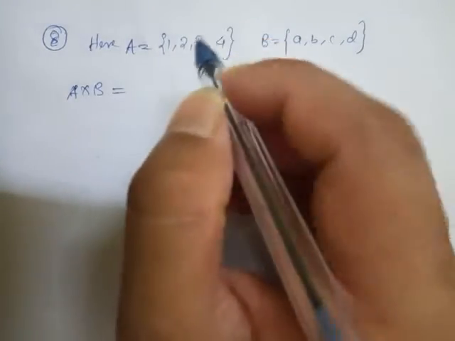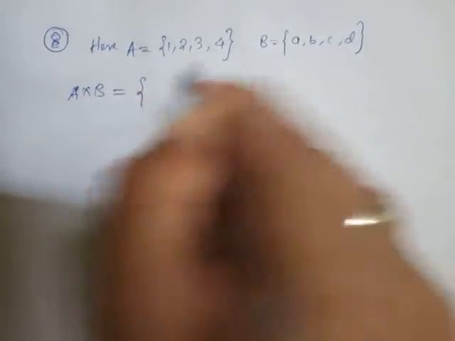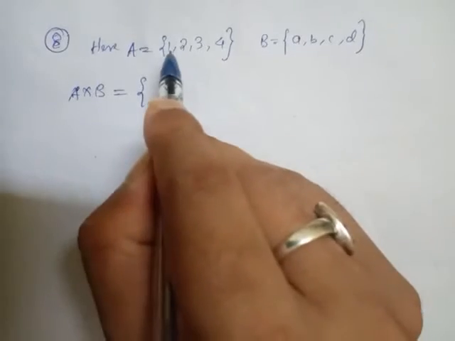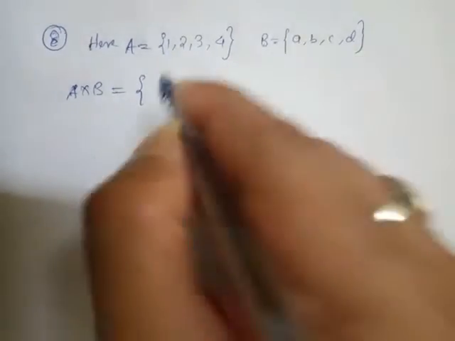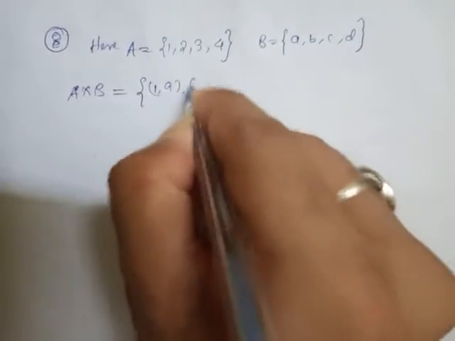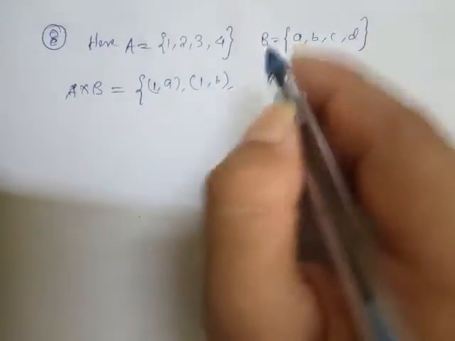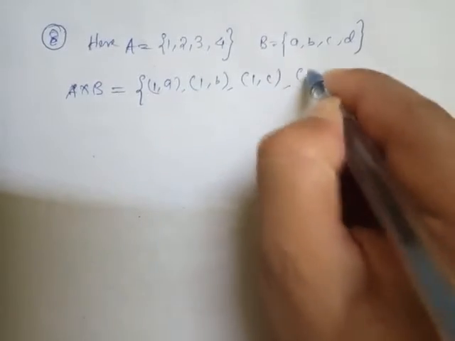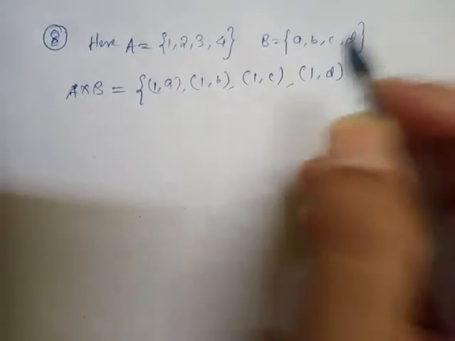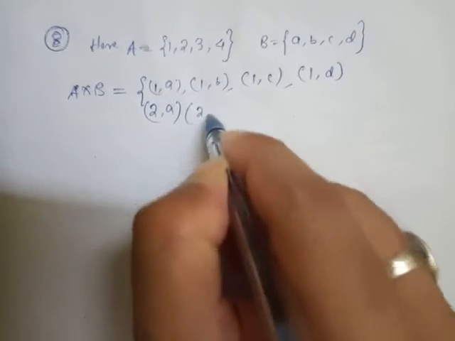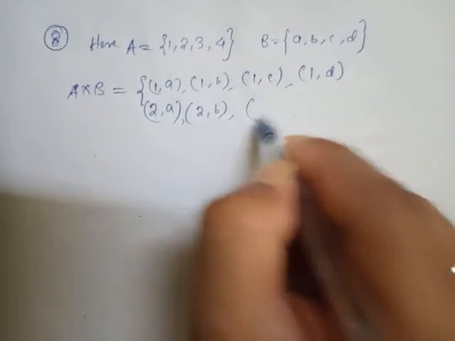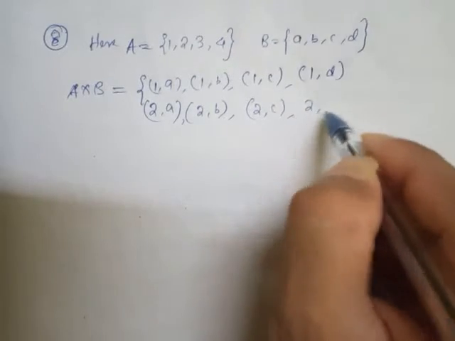Now look, if I go for A product B, which means this into this, so 1 comma a, then 1 comma b, then 1 comma c, then 1 comma d. First one over. Now the second one: 2 comma a, 2 comma b, 2 comma c, 2 comma d.